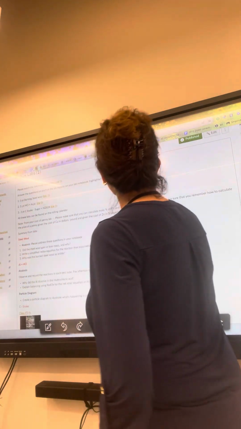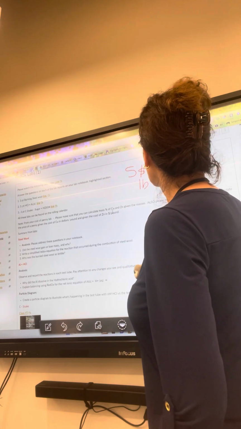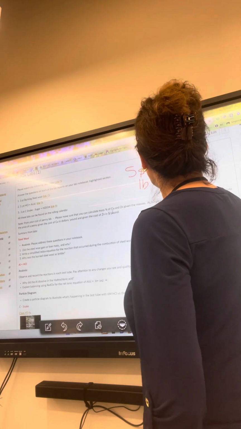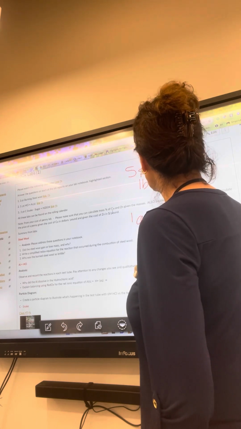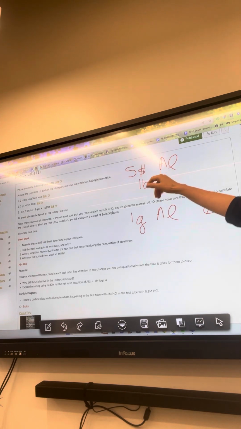If I tell you that something is $5 per pound, let's say aluminum, and I tell you that you have 1 gram of aluminum, can you find the cost of that gram? In cents, can you find it? $5 per pound.